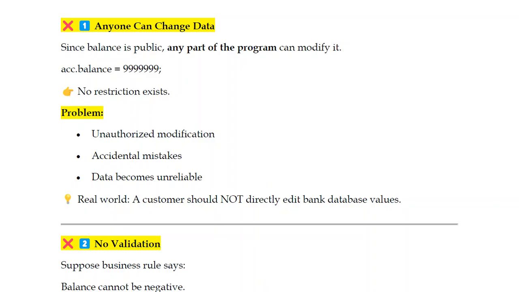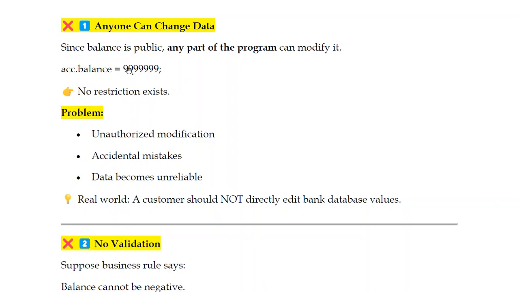Any part of the program, with the help of the object reference variable, here acc is the object reference variable, can easily modify it. The account already has 99 lakh 99,999, but I can modify it to a minus value, or a bigger value like 10 crores or 15 crores.